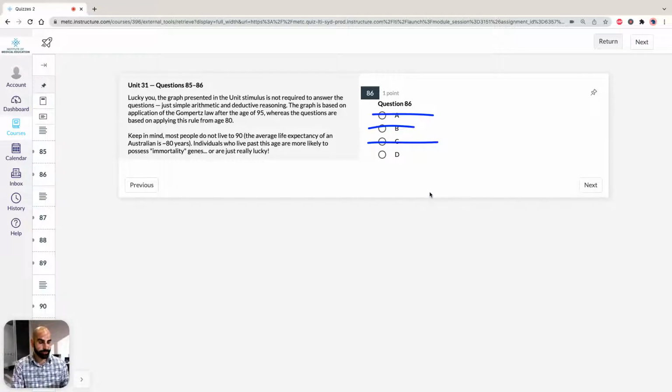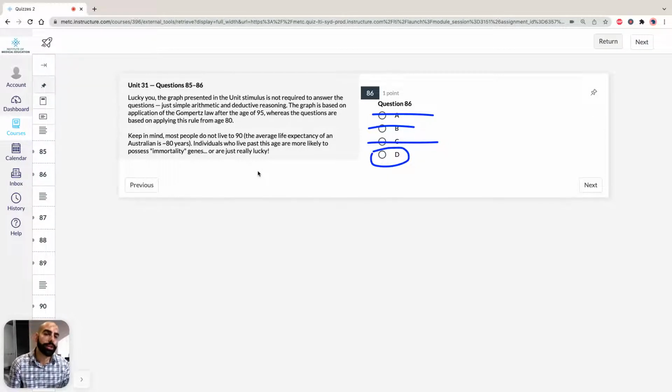D says people surviving to old age are more hardy than expected. That's obviously a process of elimination. That's correct. Keep in mind, most people don't live to 90. Especially in Australia, the average life expectancy is about 80 years old. Individuals who live past this age are more likely to possess immortality genes, or are just pretty much lucky.